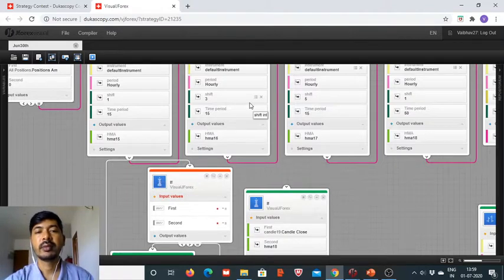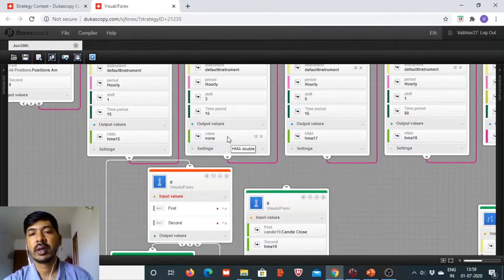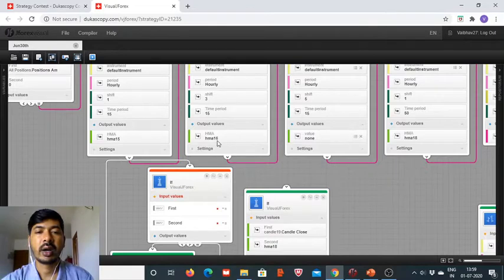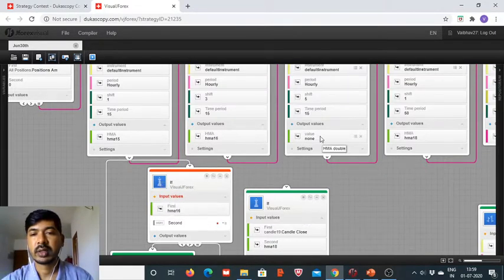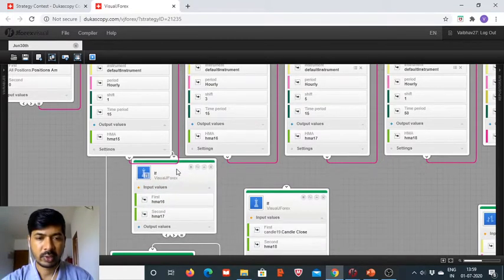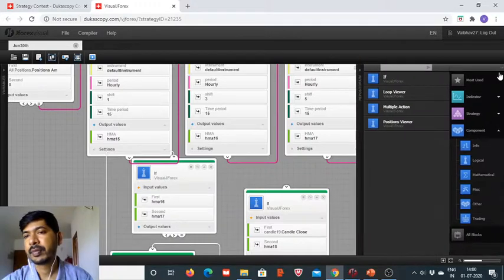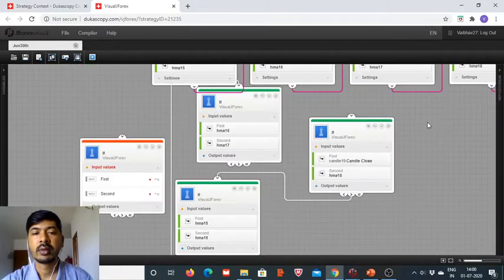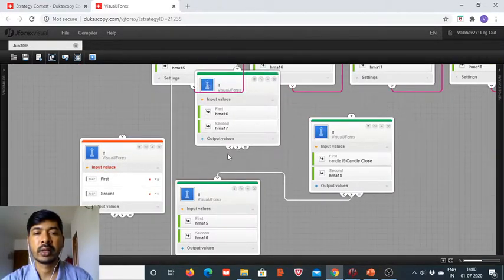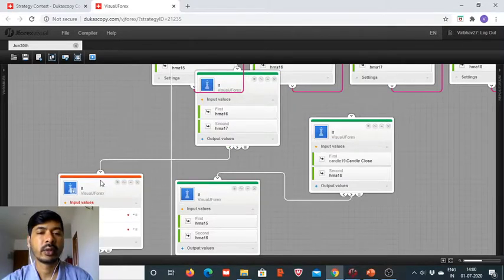Okay, so here we are going to consider HMA 16 and HMA 17. HMA 16 should be lower than HMA 17. Okay, first input less than second input.